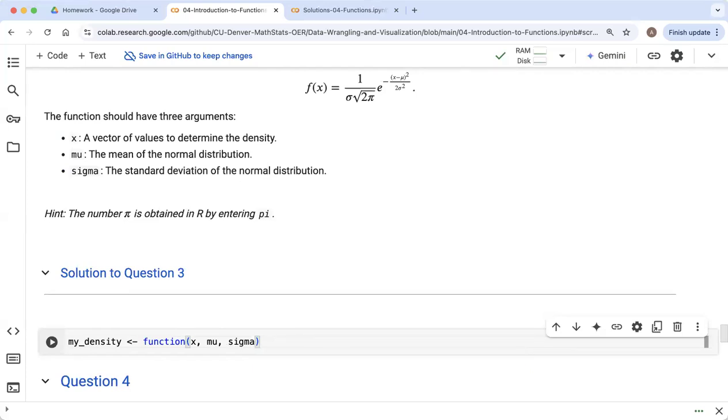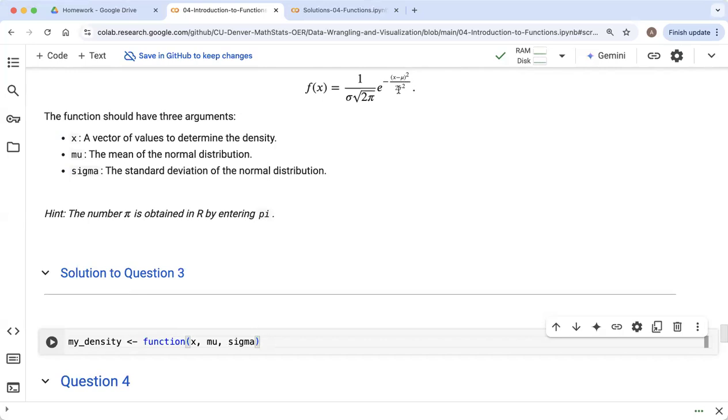So we first need to specify the three things a user is going to need to tell us in order to calculate the value of the density function. They would need to tell us: what are you plugging in for x? What are you plugging in for mu? What are you plugging in for sigma?